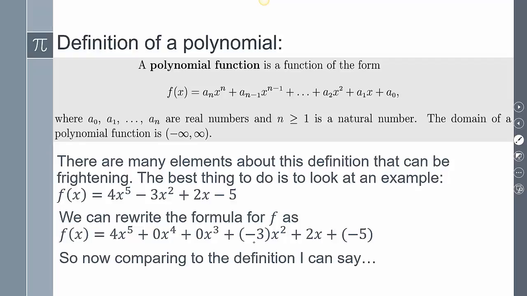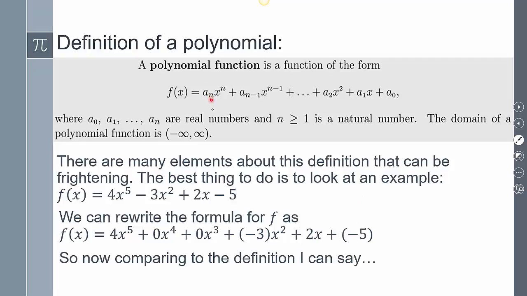But now comparing it to the definition, I can say things like my a sub n is 4. x to the n power, my n is going to be 5. Now this says n minus 1. Well, 5 minus 1 is 4. x squared, my a sub 2 is going to be negative 3. My a sub 1 is going to be 2x, and then my constant a sub 0 is going to be negative 5.